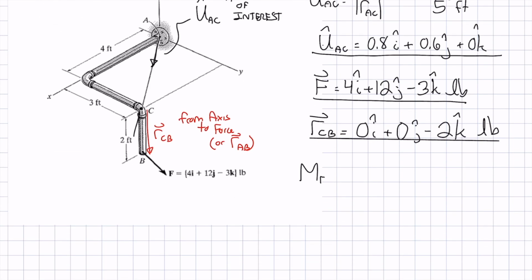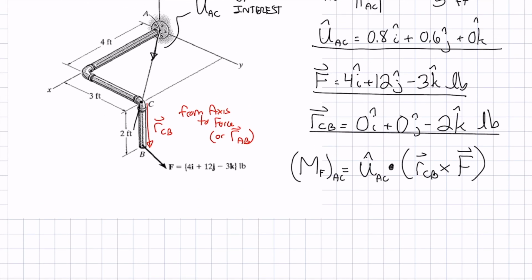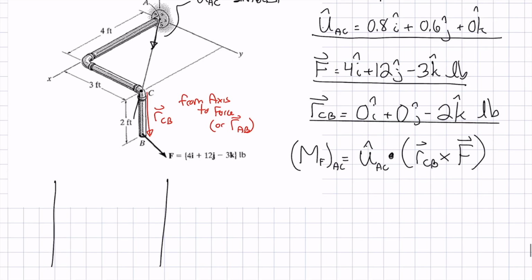Okay, now to find the moment of the force around axis A C, we're going to have to use the triple scalar product. So we're going to have to take that unit vector A C and do the dot product of it with the cross product of r C B cross F. Now, we're lucky here that we can do this in one matrix. So I am going to set the top row to be u A C, so 0.8, 0.6, and 0.